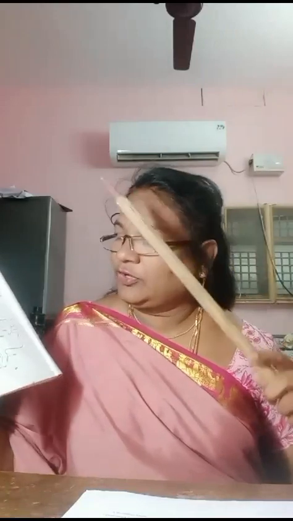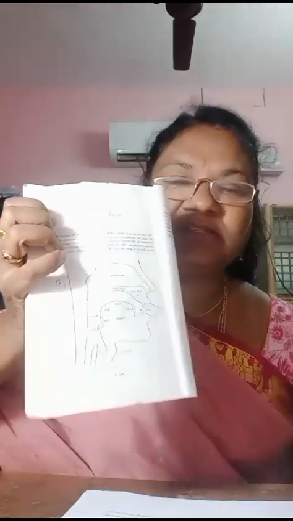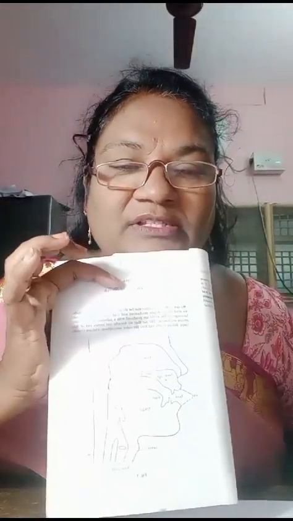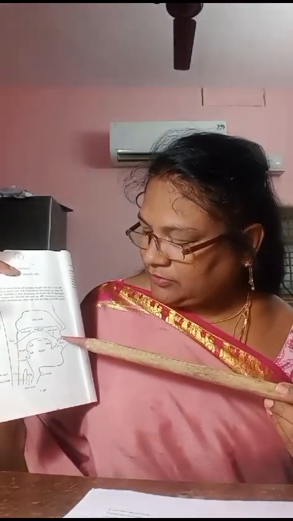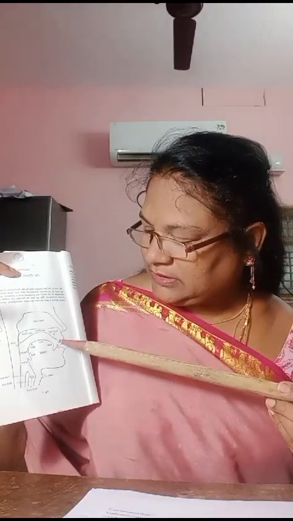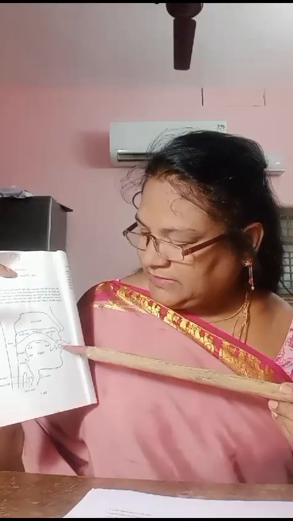And in the previous video I have also shown the figure for the organs of speech. See, this is the figure, and here we have the teeth and the lips.